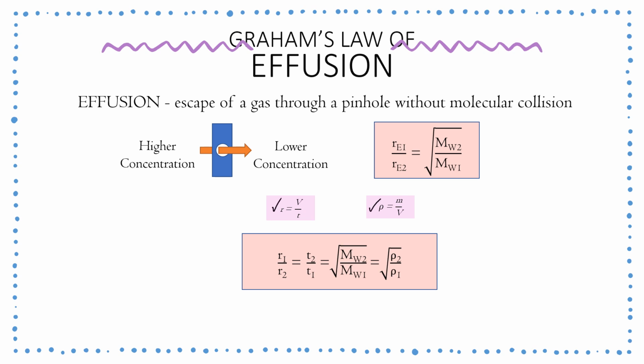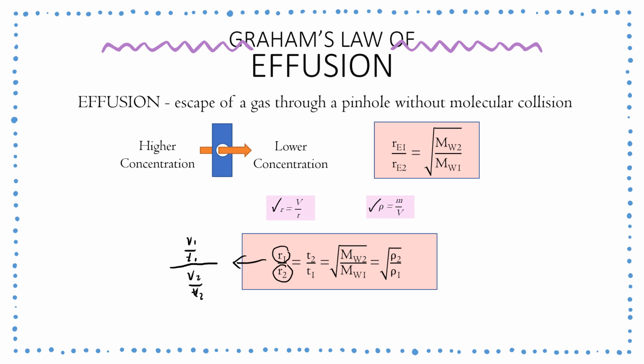Substituting the rate here, rate 1 is equal to volume 1 over T1, and rate 2 is volume 2 over T2.